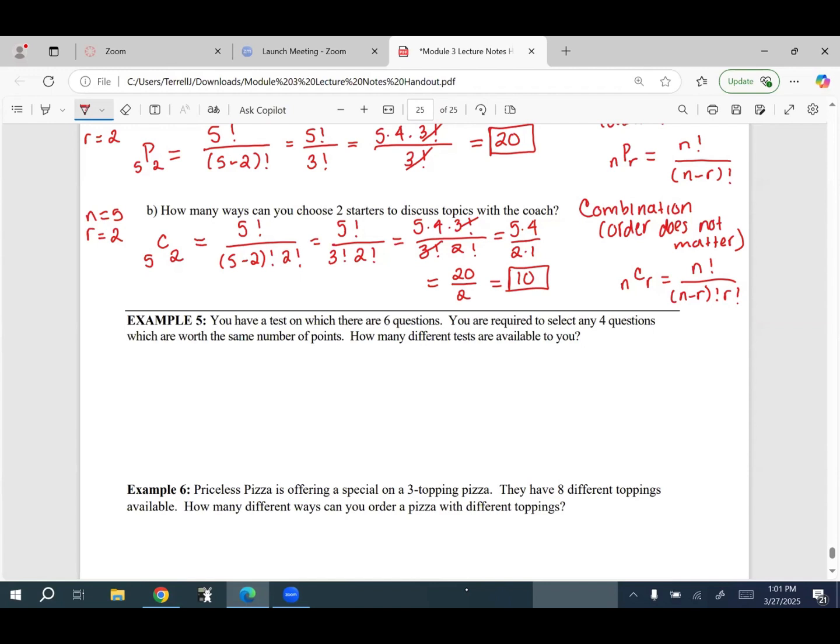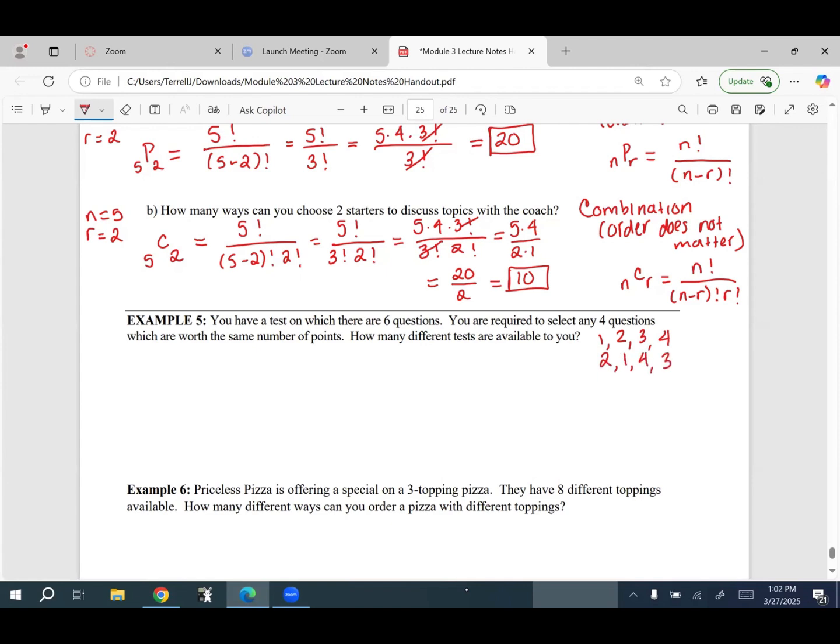If I pick the first, let's say 4 questions, that's one option. And then let's say I select the same 4, but just in a different order. I say 2, 1, 4, 3.